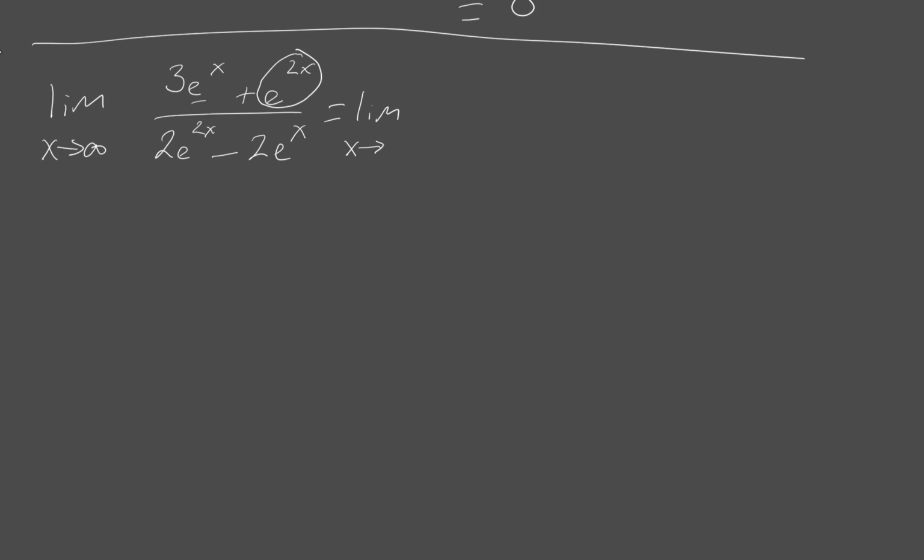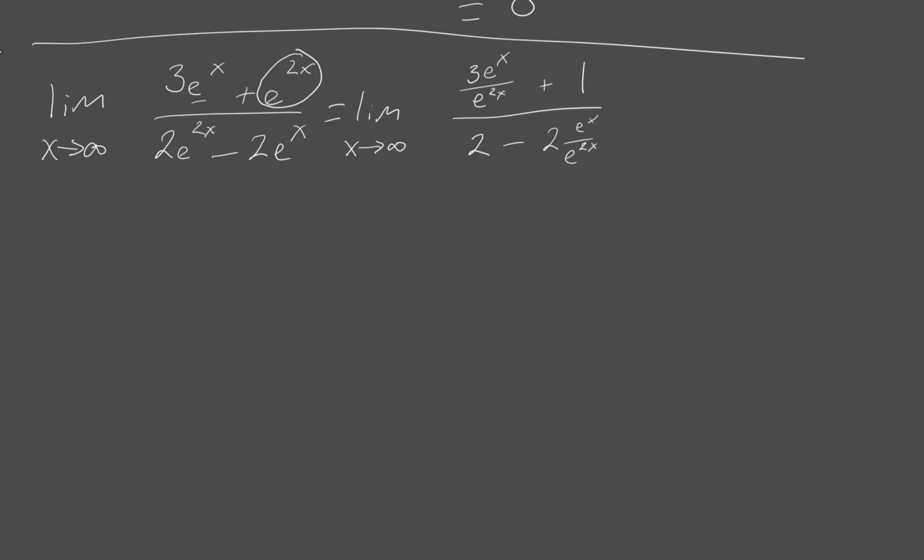So this is limit as x goes to infinity. I've got 3 e to the x over e to the 2x plus, well, if I divide e to the 2x by e to the 2x, that's going to go to 1. And then in the denominator, e to the 2x divided by e to the 2x is going to cancel, and I'm going to be left with a 2 there, and then I'm going to have a minus e to the x over e to the 2x.